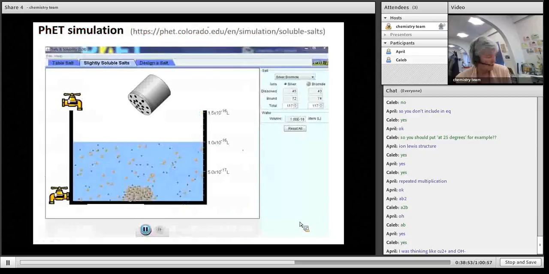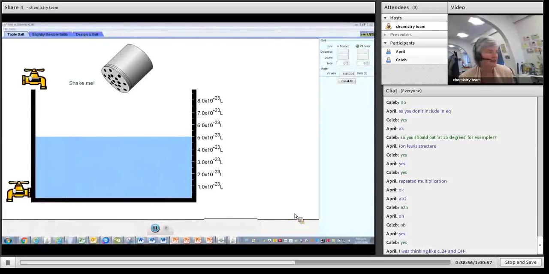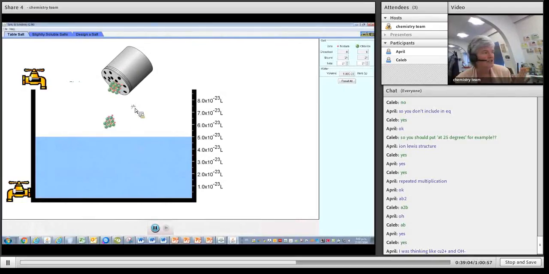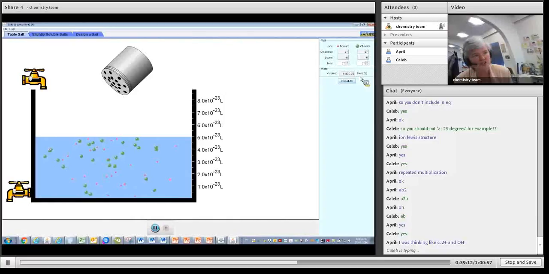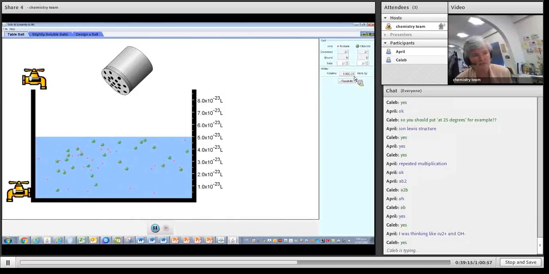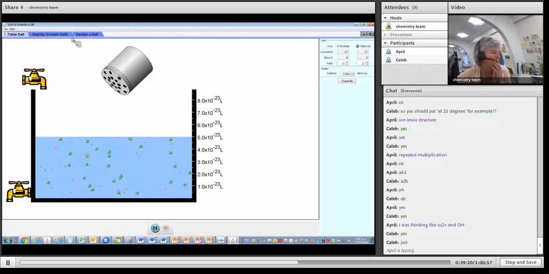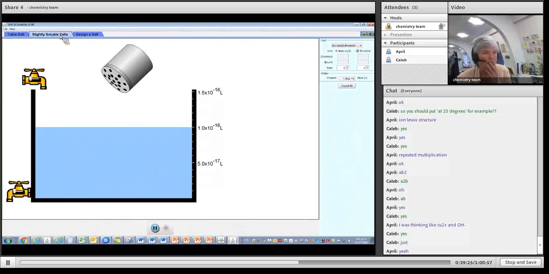Right. Now what I want to do here very quickly is look at this, and this is the PhET thing. You can do this yourself. It's one of the activities where you look at how something dissolves, and you won't be able to see because it's so tiny. Can you see this? I'm trying to look for the KS value, but it doesn't actually show it.